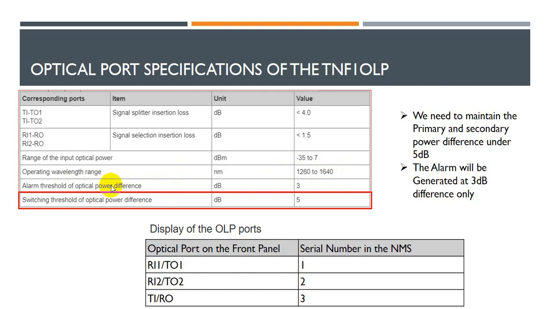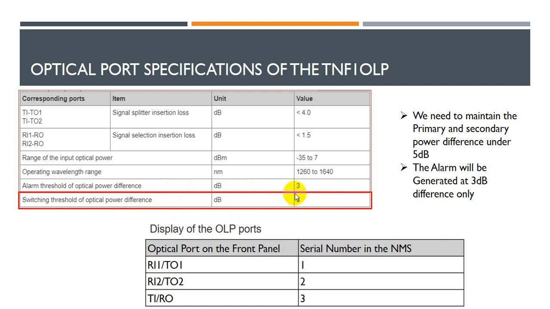And the alarm threshold: if there is a difference between primary and secondary at the receive end, the alarm will be generated if the difference is more than 3 dB. And for switching, it can switch the signal up to 5 dB. So the primary and secondary receive difference should be less than 5 dB, and only then can it switch.